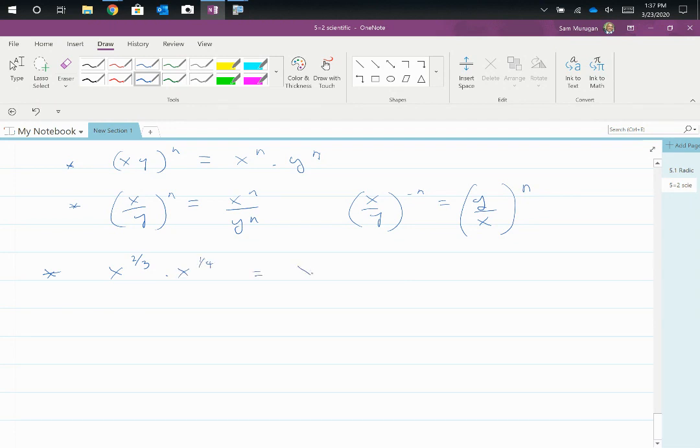Since the bases are the same, we would simply add the powers, 2 over 3 plus 1 over 4, to give x to the power 11 over 12.